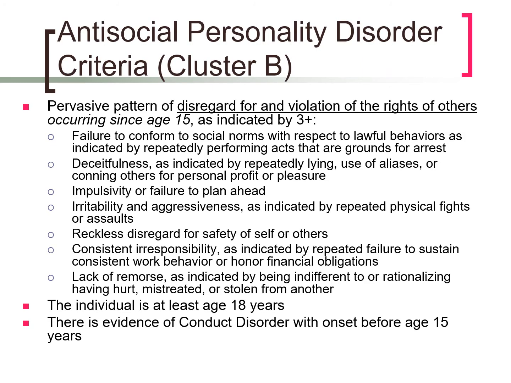The final cluster B disorder is antisocial personality disorder. People with this disorder are what society usually terms psychopaths or sociopaths. They have a persistent disregard for laws of society or for the rights of others, and they repeatedly engage in behavior that could get them arrested if they were caught, or that harm others, being extremely deceitful, such as conning others or repeatedly lying, and being consistently irresponsible, such as not working or honoring obligations.